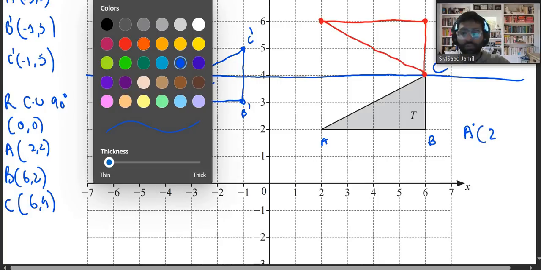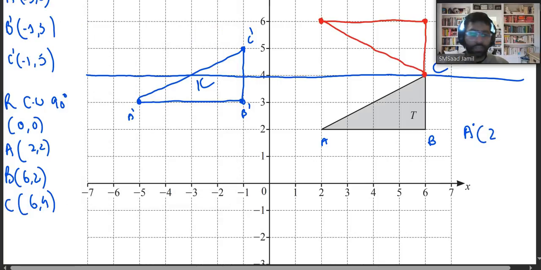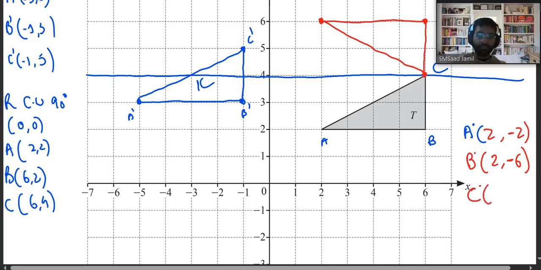Let me use the color red so that you understand better. For 2 comma 2, even if I switch it, it doesn't matter. And to the y coordinate, I will add a minus sign. For B, I will switch the coordinates to 2 comma 6, and add a minus to the y coordinate. Then for C, I will switch the coordinates to 4 comma 6, and with y I'm going to add the negative sign.